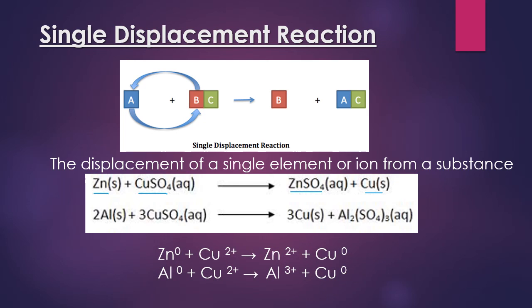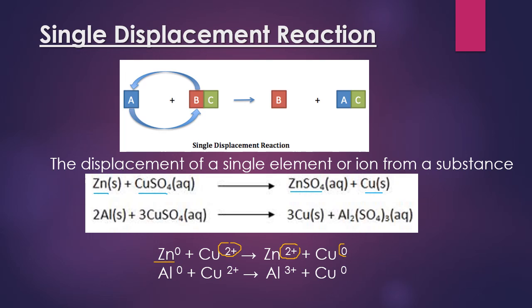So let's look at what's happening with these two. If we isolate, we see that zinc, since it's by itself on the reactant side, is neutral, has a charge of 0. Copper, since it's with a compound, more specifically an ionic compound, has a charge of +2. On the product side, zinc is now in a compound, so it has a charge.